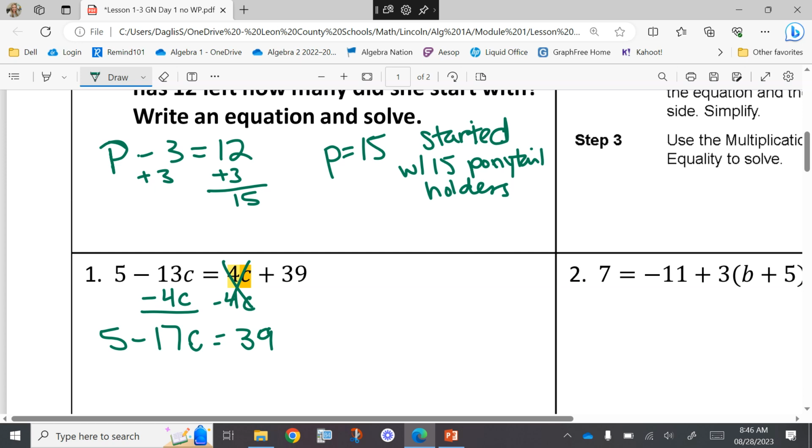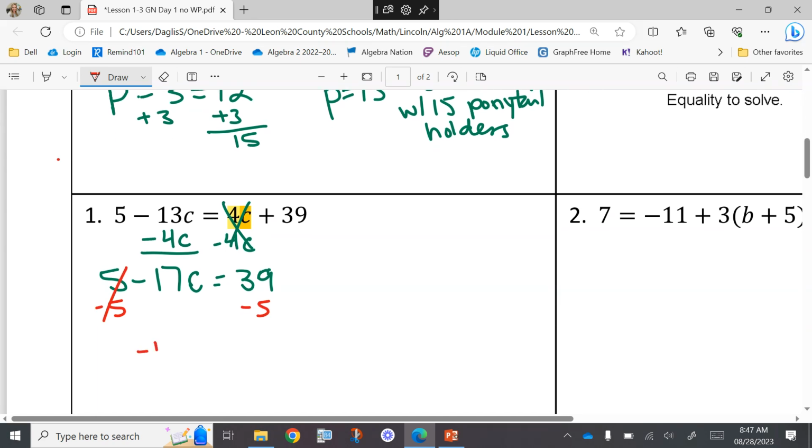Now I'm going to move my constant, or my loose number, to be over with the 39. Because remember, we want the variable to be by itself. So how am I going to move 5 to be with 39? Subtract it. Because right now it's a positive 5. So we're going to subtract the 5 over here. That's gone.